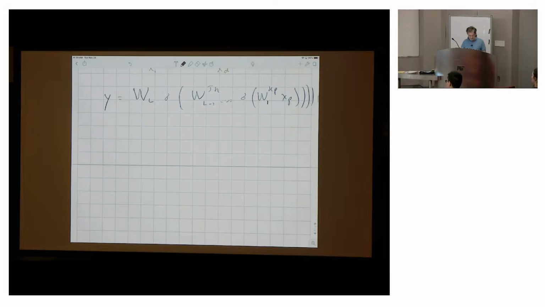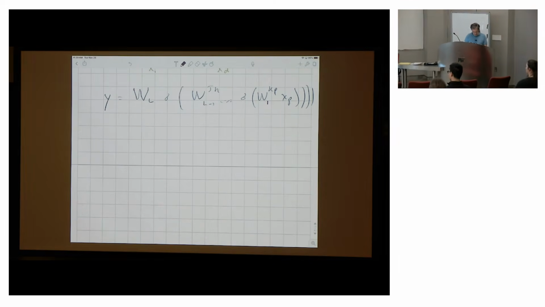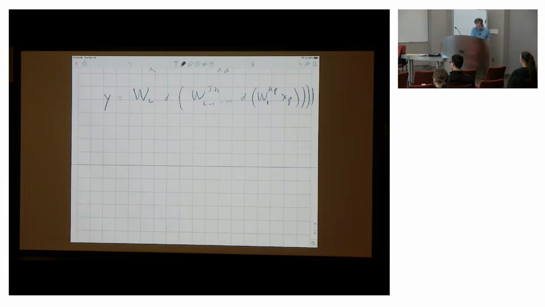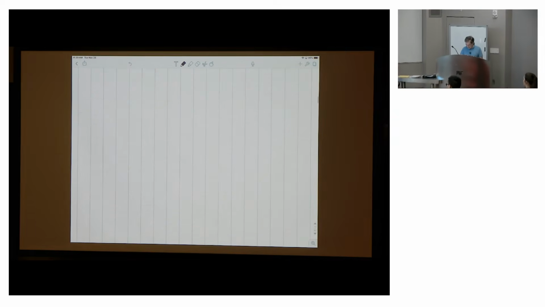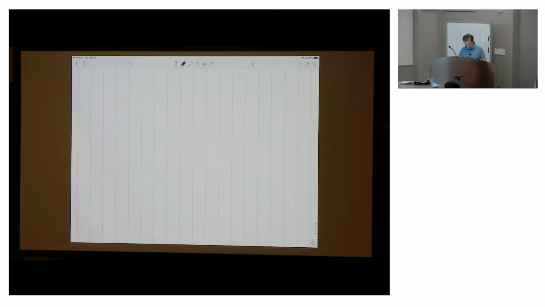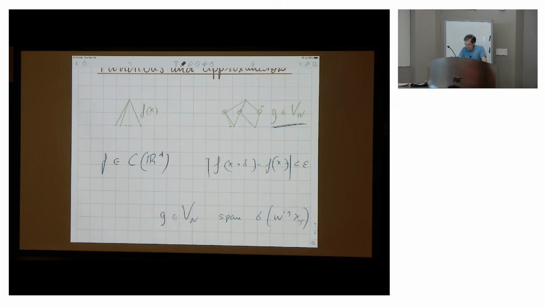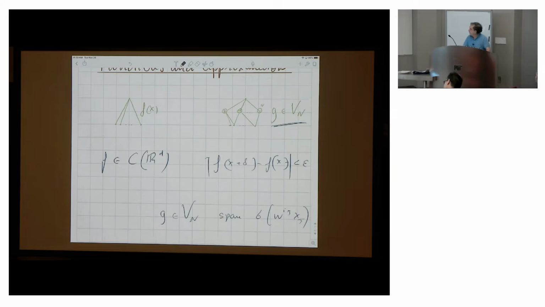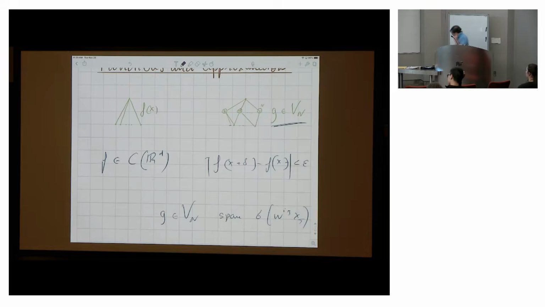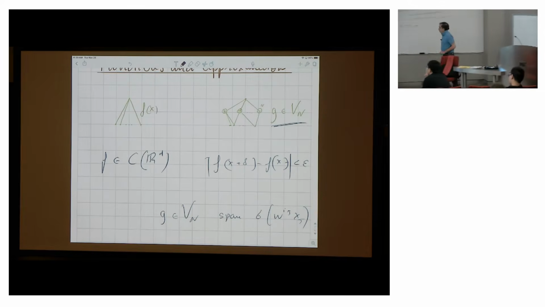All right, so let's go through describing more carefully what I meant.